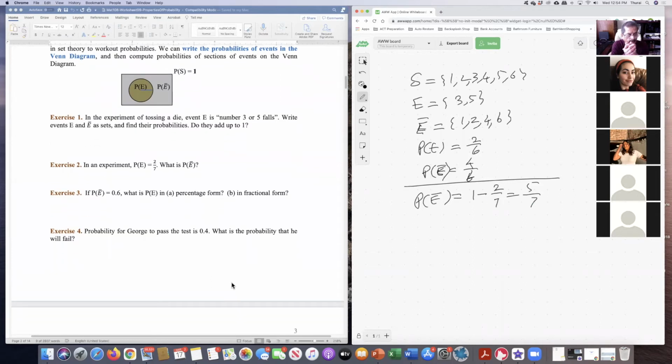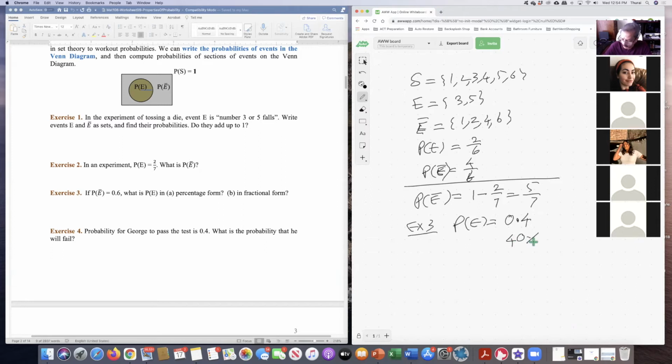Okay, exercise 3, the probability of E bar is 0.6. And what is the probability of E? In decimal form, yes, it is. So the probability of E is 0.4. 1 minus 0.6 is 0.4. And in percentage form, it's 40%.